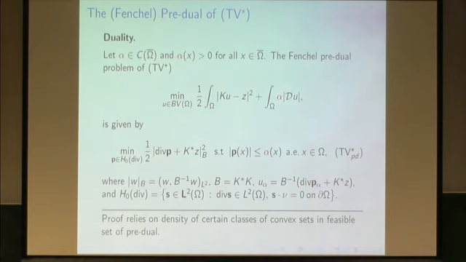I stress the fact pre-dual because in function space, total variation, the space of functions of bounded variation is a non-reflexive Banach space. So if you dualize and dualize again, you do not end up in the primal space where you started out originally, but usually you end up in a larger space.